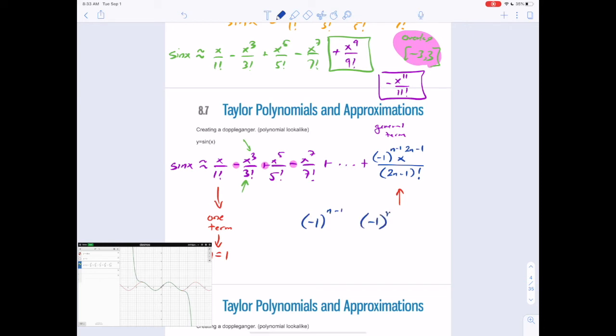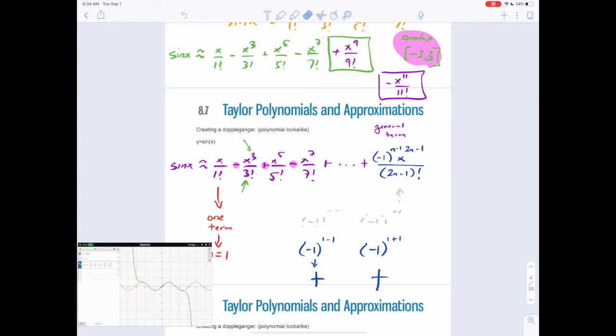I'll show you in a second. If n is 1, okay, that's -1 to the 1 minus 1, -1 to the 1 plus 1. That's -1 to the 0 power, which is just 1. -1 to the second power, which is just 1 there. But more importantly, it's positive. Okay, so this is starting to work.